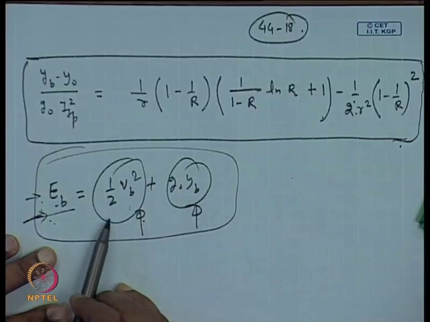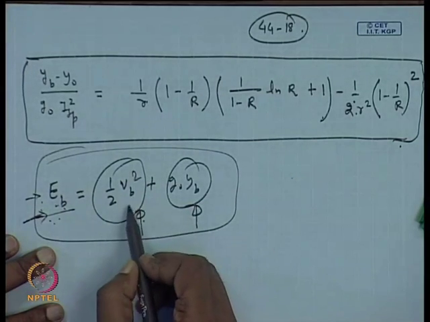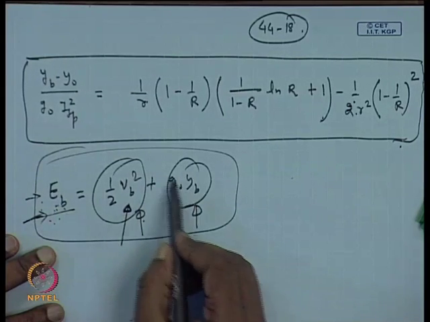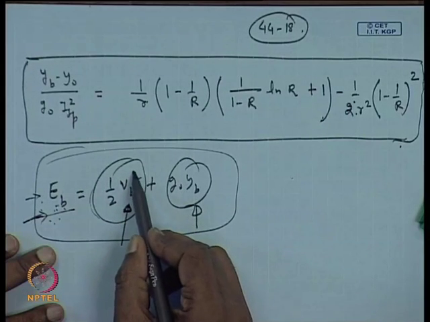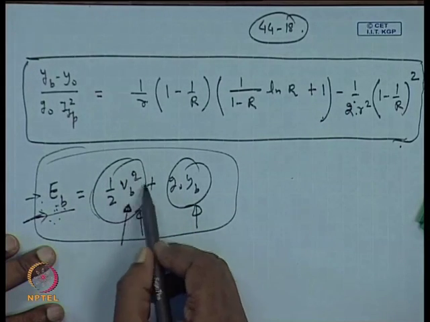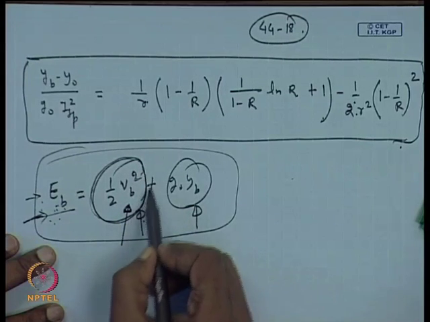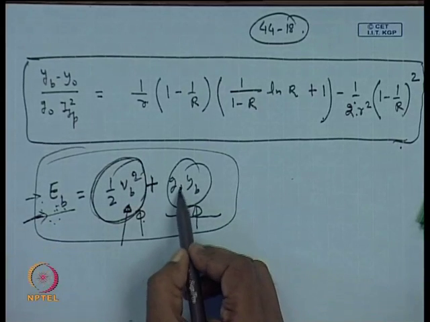So, you can see that if you need to put a satellite into a certain orbit, obviously at the time of burnout you need this quantity E b to be larger than the 1 by 2 V b square term, because this is the energy which is going along with the rocket. Okay, and this is the potential energy that will be gained.